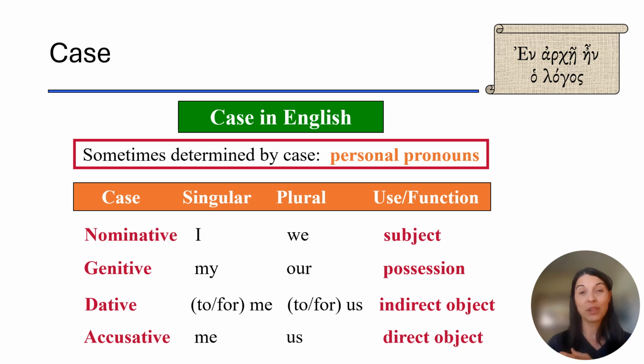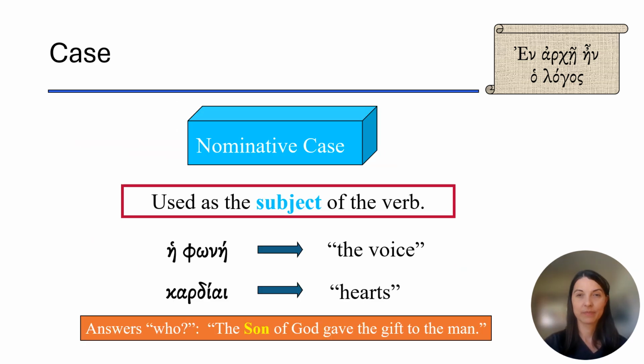And in plural, you can see that it changes to our book. Then you have the dative case, which is an indirect object case, and that is me, to or for me, or to or for us. And then the accusative case is the direct object case, and me and us is the same.